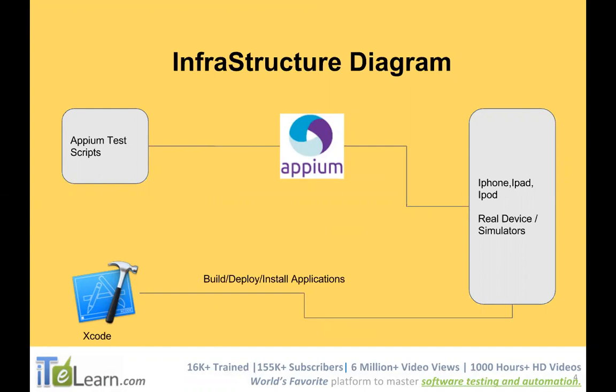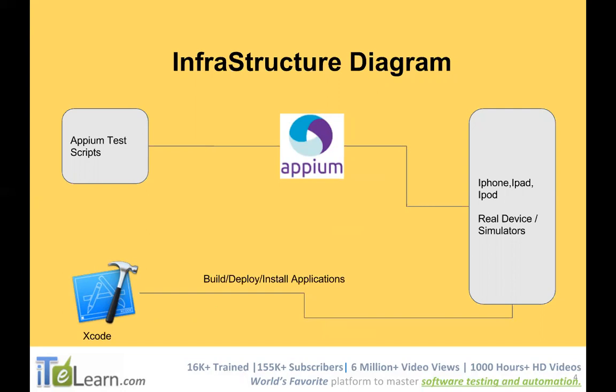What Xcode is supposed to do is build the application which you want to test, and deploy and install it on the iPhone, iPad or iPod device. These can be virtual environments like simulators, or you can do it on a real iPhone device. So this is setting up the application before you start testing, for which you need Xcode.